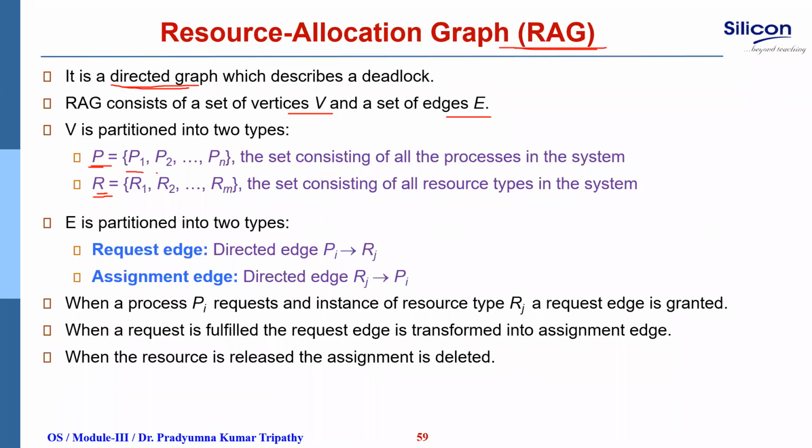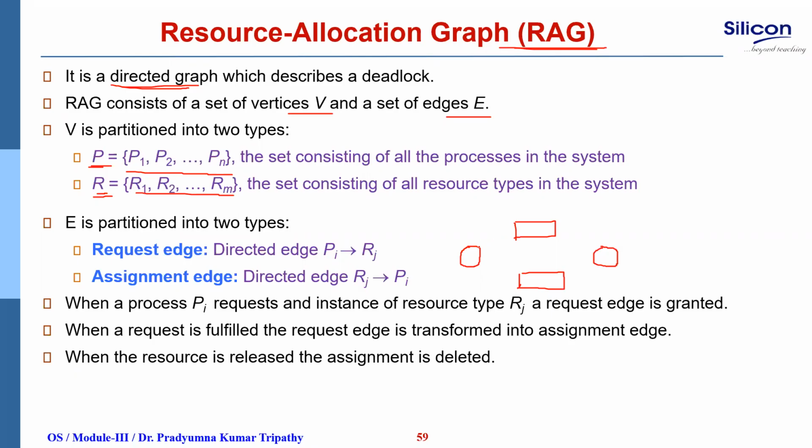There may be n number of processes and m number of resources in the system. The processes are diagrammatically represented in circles, and the resources are represented in the form of rectangular boxes.